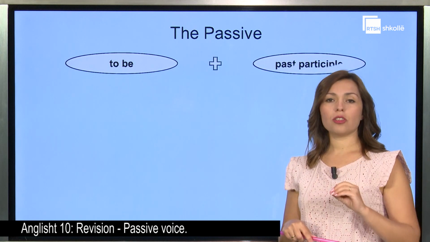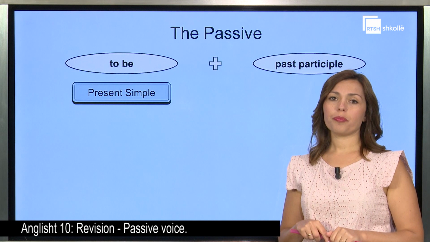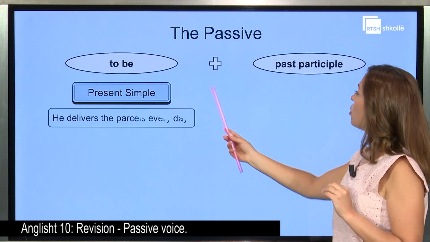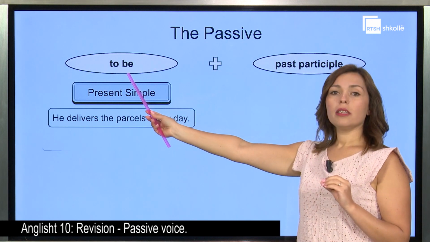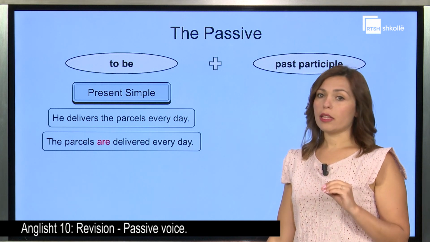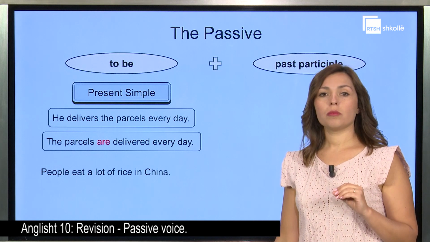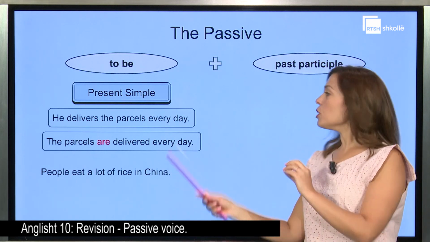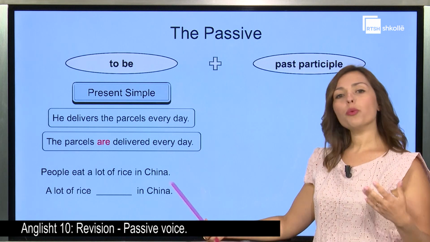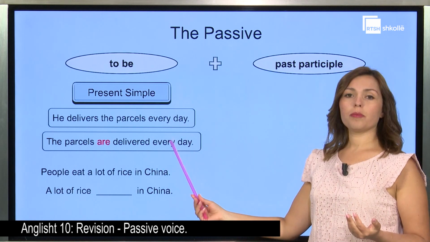All right, let's now be more specific on how the passive is formed and how we are going to change it from the active into the passive form. We put the verb to be in the tense needed every time and the main verb in the past participle. What is that? Let's be specific for you to understand. We are given the sentence, he delivers the parcels every day.